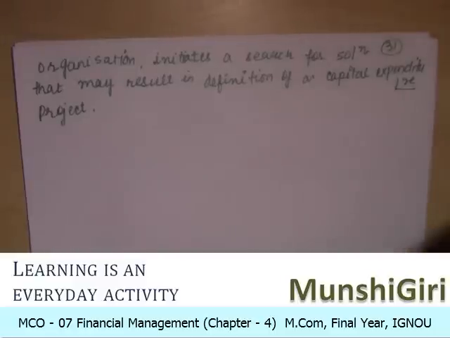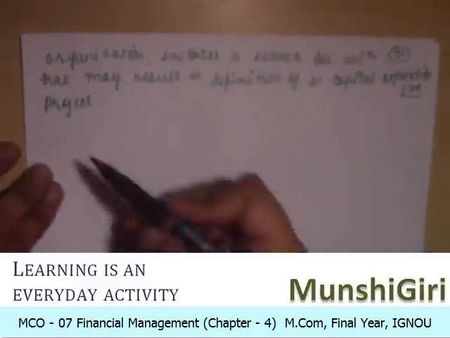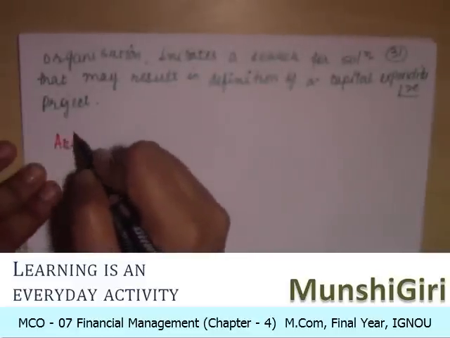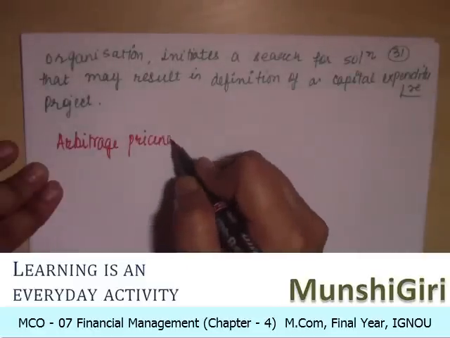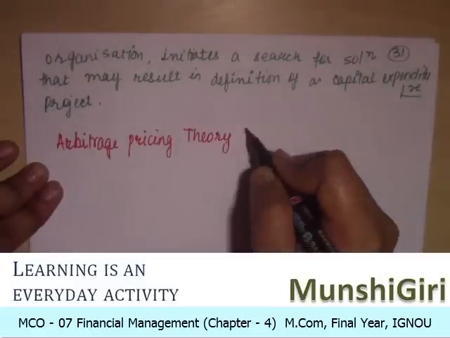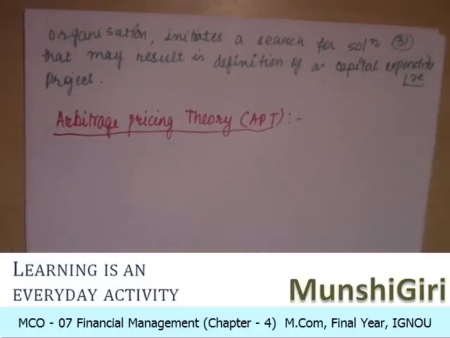Coming to the next model or theory, we have arbitrage pricing theory, that is APT. This is the last theory under this model. In arbitrage pricing theory, there are a number of industry specific and macroeconomic factors that affect the security returns.